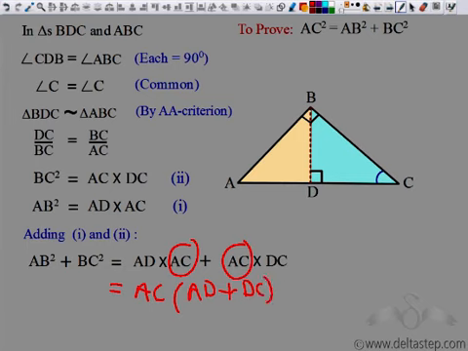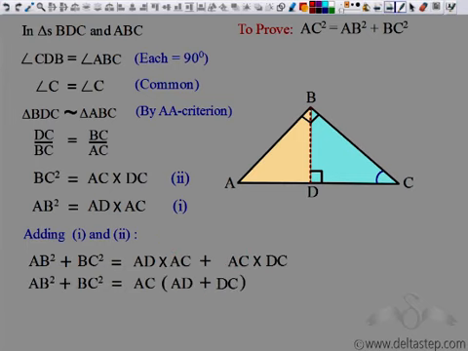Now what is AD plus DC? AD plus DC is equal to AC. So AB square plus BC square gives me AC into AD plus DC, which gives me AC again. So AC into AC is AC square.